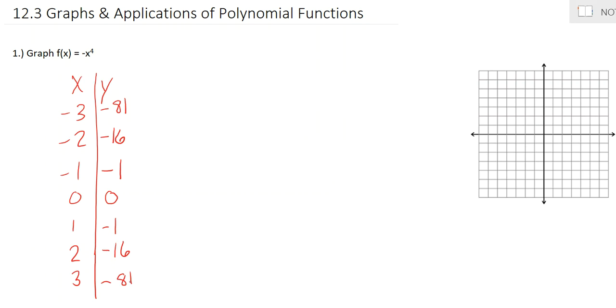And what we'll do is we'll just take this and sketch the graph. Now, obviously, if we're going by ones, there's not nearly enough room to get everything, but you kind of see what this looks like. So making a t-chart is one basic way we can kind of see some points of the graph.